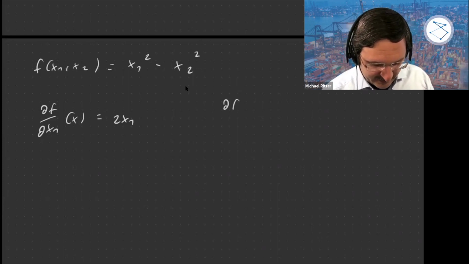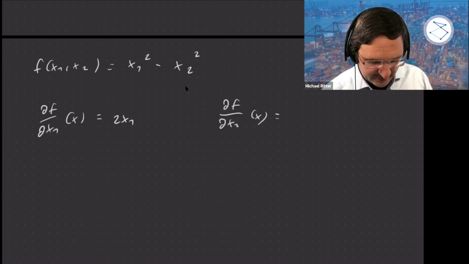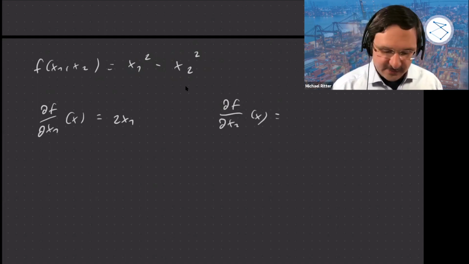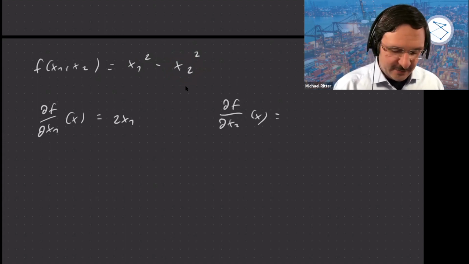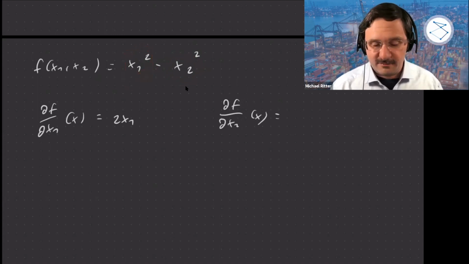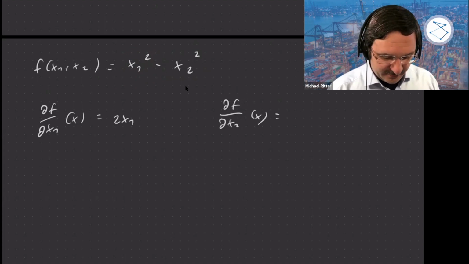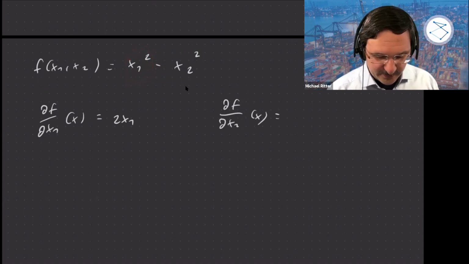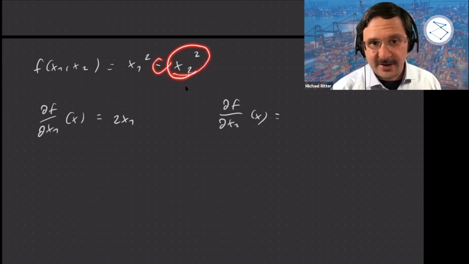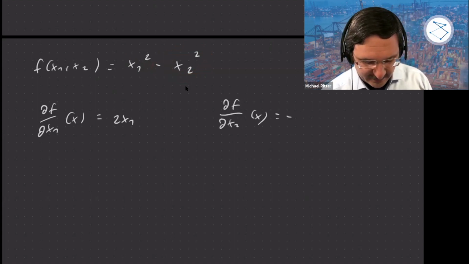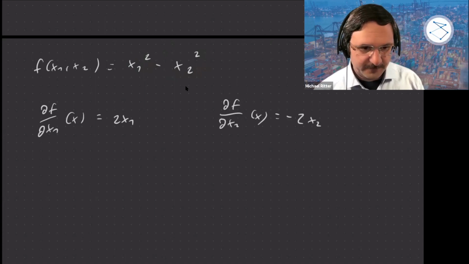For the second partial derivative, same idea, but now you treat x2 as the variable. You differentiate for that, and all the others, x1 in this case, are treated as constants. So this becomes 0 when you differentiate it, and this becomes 2x2, and we still have a minus in front. So we get minus 2x2.